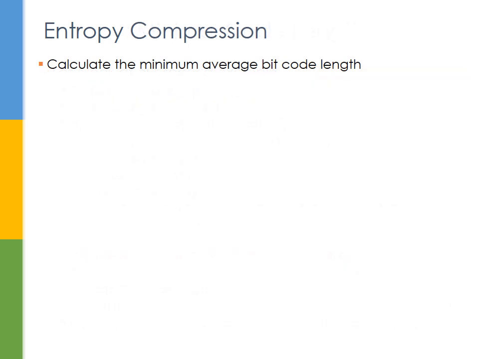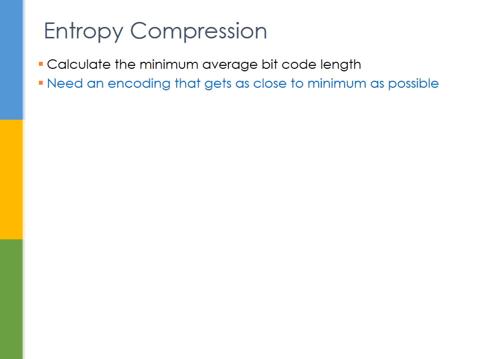So if we want to come up with an encoding that compresses our entropy, then we first of all need to calculate the minimum average bit code length, just as we did on the previous slide in terms of entropy. Then what we need is an encoding that gets us as close as possible to this minimum that we've computed.